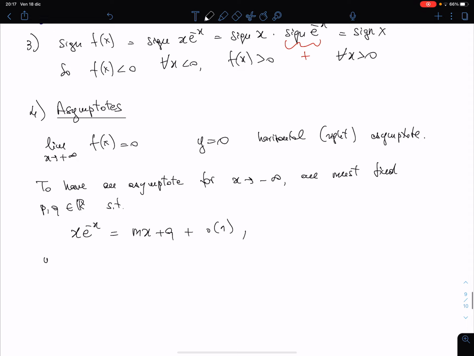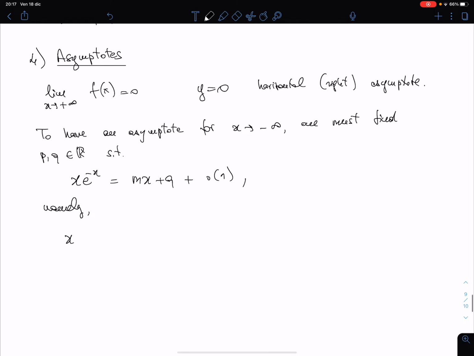Namely, x e to the minus x minus mx minus q is infinitesimal as x goes to minus infinity.